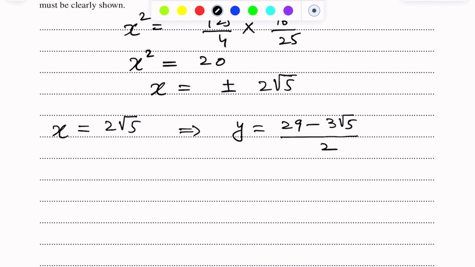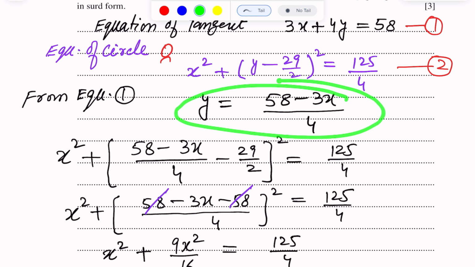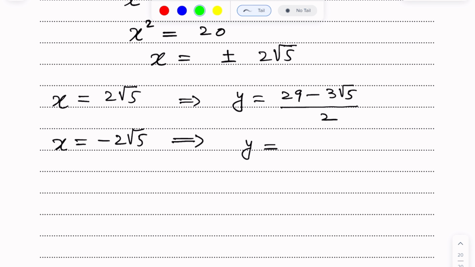And when x is negative 2 under root 5, putting the value of x again, we get y is equal to 29 plus 3 under root 5 over 2. So these are the 2 points of intersection.